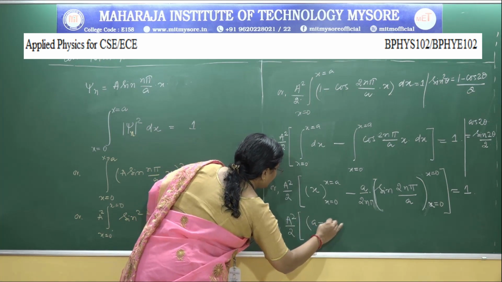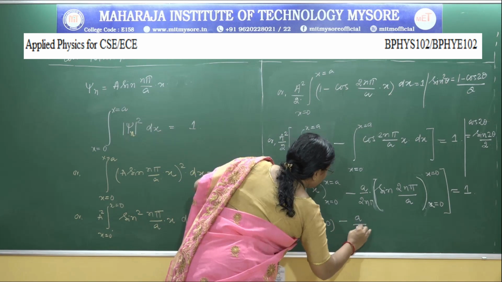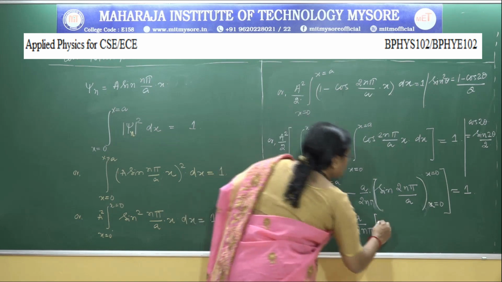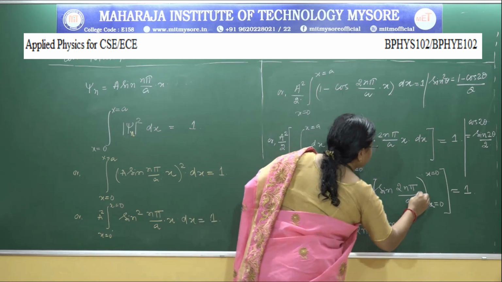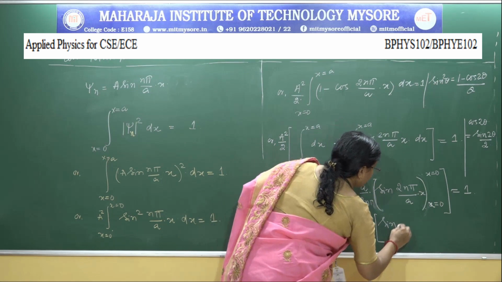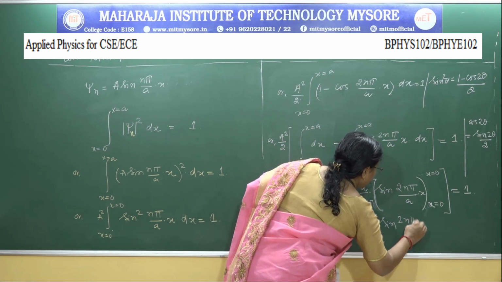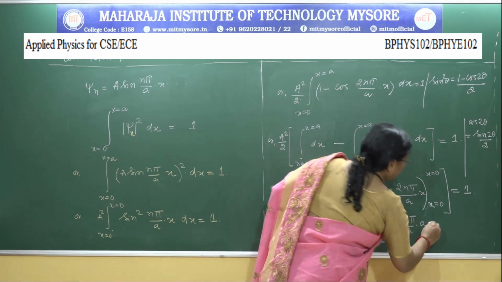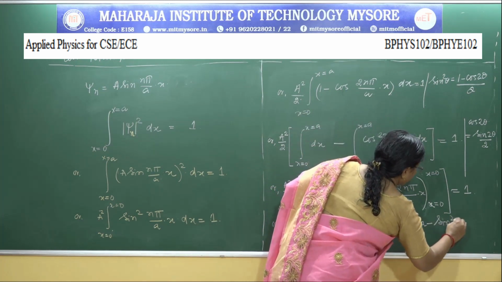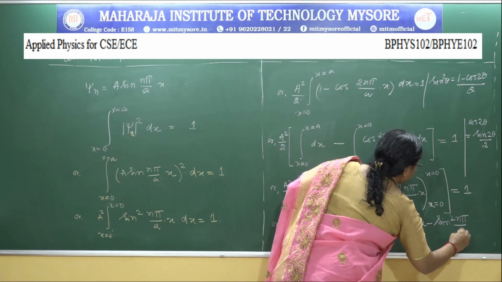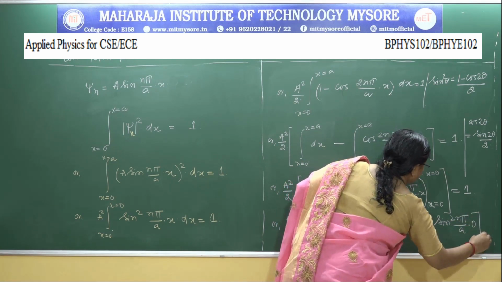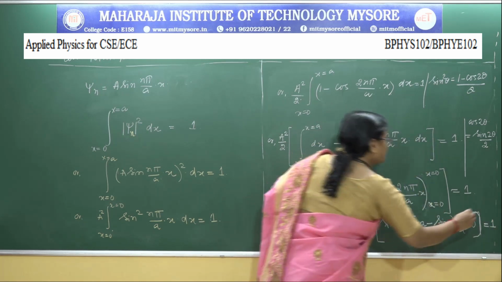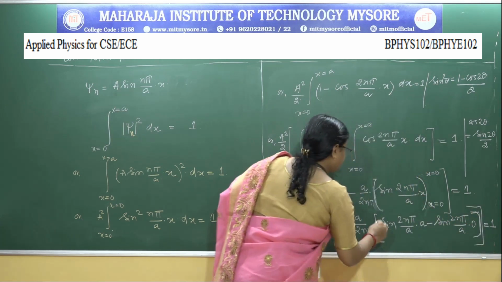It is a minus 0 minus a by 2 n pi sin of 2 n pi by a, x is equal to a, and sin of 2 n pi by a, x is equal to 0, and that will be equal to 1.